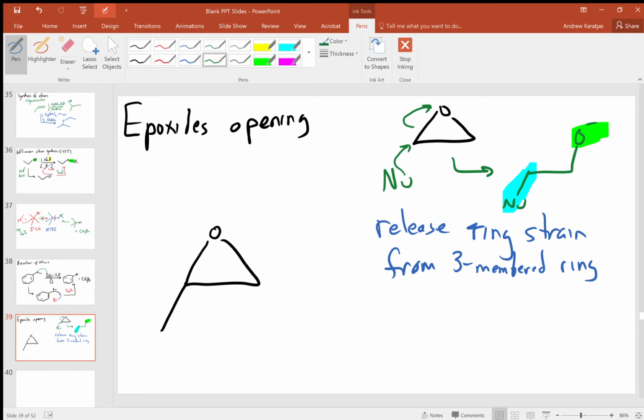If we use acidic conditions, then our nucleophile will come from the more substituted carbon. But if we use basic conditions, then the nucleophile will come on the less substituted side. So we actually have complete control over where the nucleophile is going to go based on the reaction conditions.